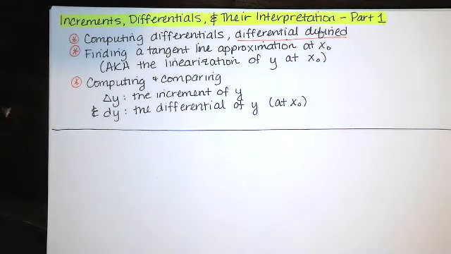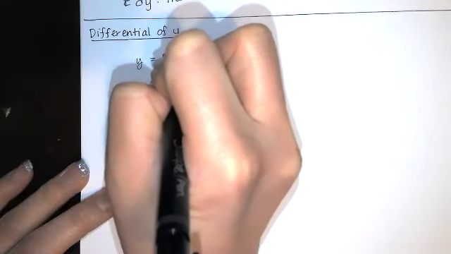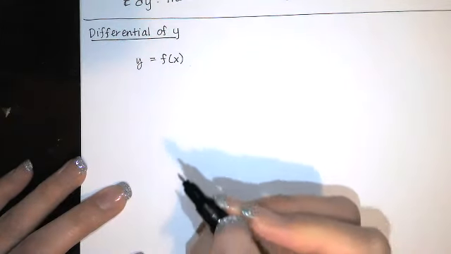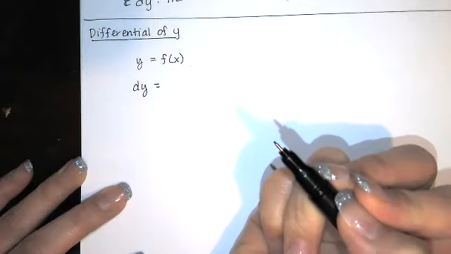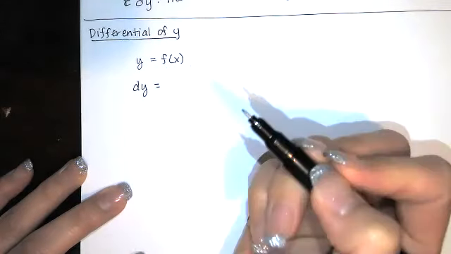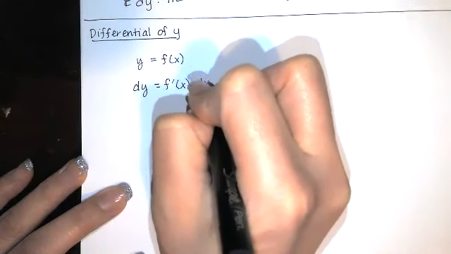So let's get started. First of all, the differential is actually really simple to calculate. The differential of y is defined to be this. If y equals f of x, then the differential of y is denoted by dy, and dy is defined to be the derivative of y with respect to x, so just f prime, times dx.